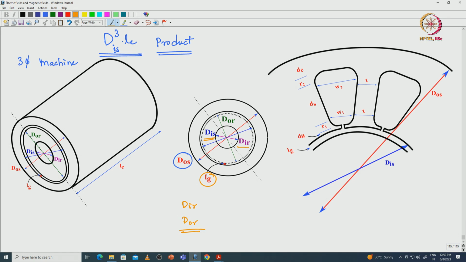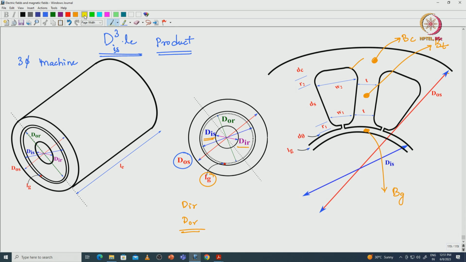In the previous analysis we have not considered the slot geometry and we have not considered the outer diameter of the rotor, right. In this analysis, to find the accurate power equation, we will consider the flux densities at the back iron, that is Bc, the flux density at the teeth, that is Bt, and the flux density at the air gap, that is Bg value. So, we will see all possible magnetic flux densities at different parts of the iron.